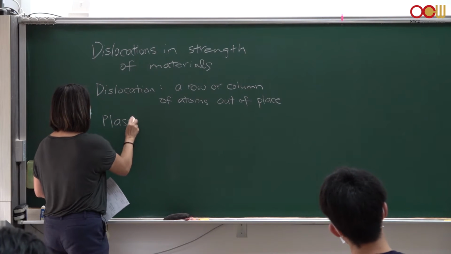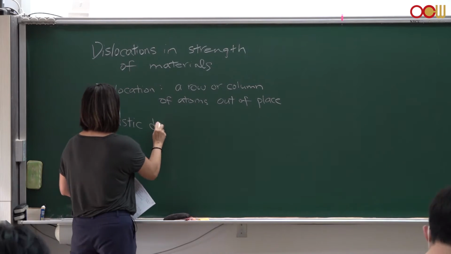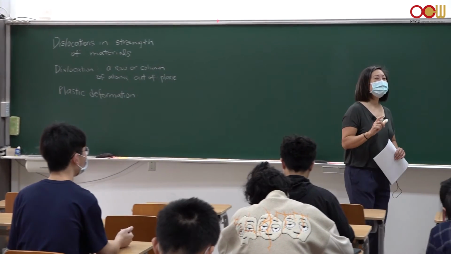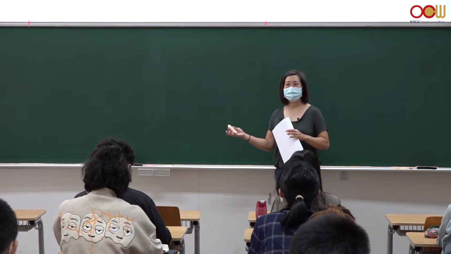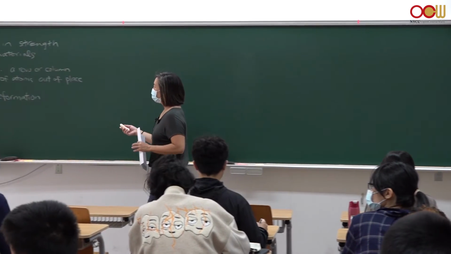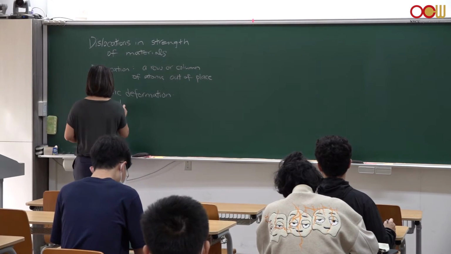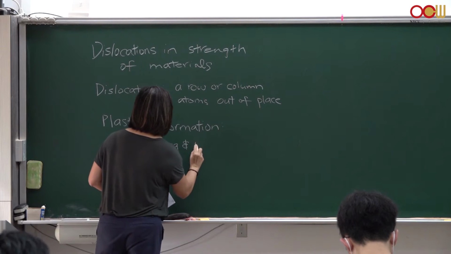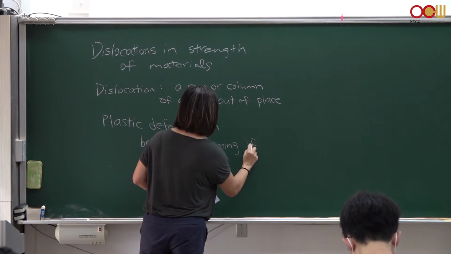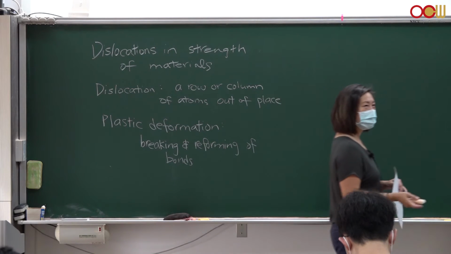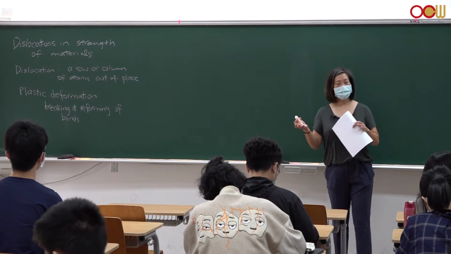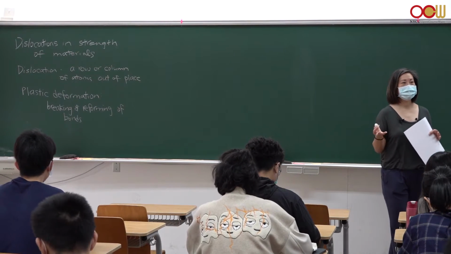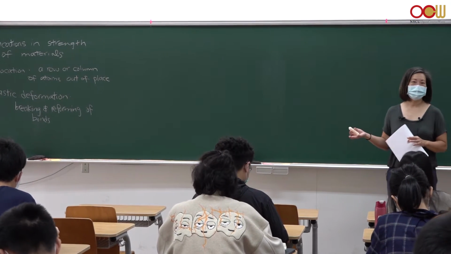And a review, what is plastic deformation? Okay, permanent deformation. So deformation that doesn't return when the stress is released, and it's caused by the breaking and reforming of bonds. So when material scientists were looking at material strength, remember we talked about strength as resistance to deformation, right?